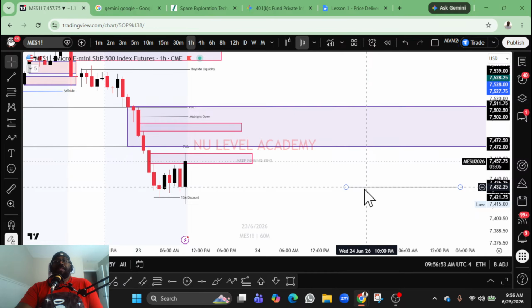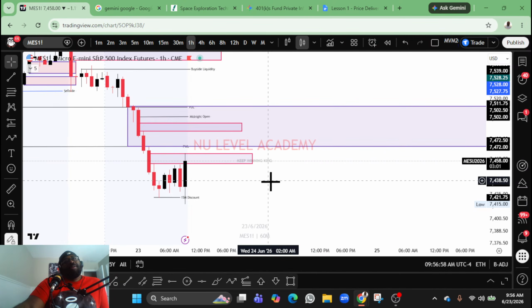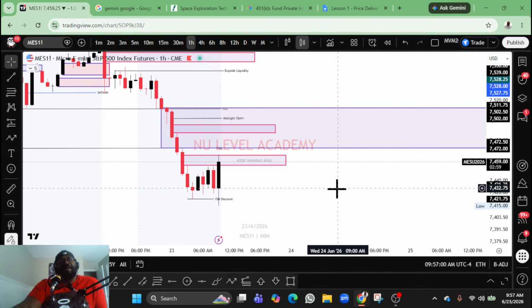You'll be 50-50 within your bias. So you have to allow the market to move. And as the market is moving, then you will be able to capitulate between the two, which one you're going to be taking. That's why you want to have a plan.